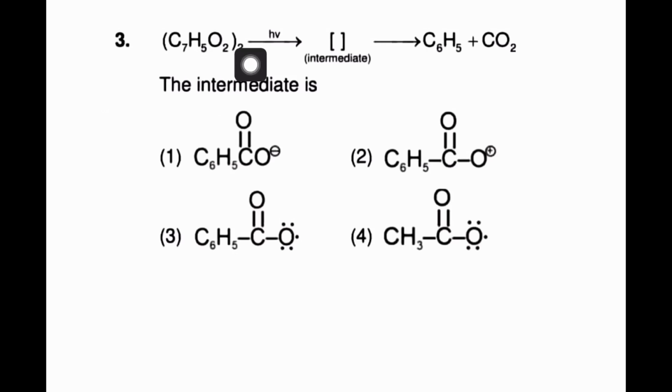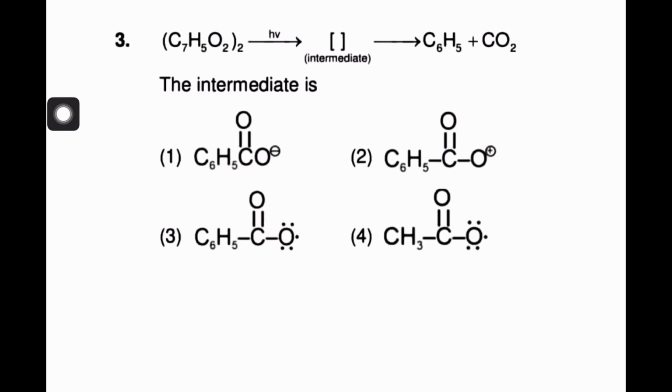Now, this is benzoyl peroxide, and in sunlight it will undergo homolytic dissociation, forming an intermediate, and further by evolution of CO2 gas it is going to form phenyl free radical. They are asking what that intermediate is.